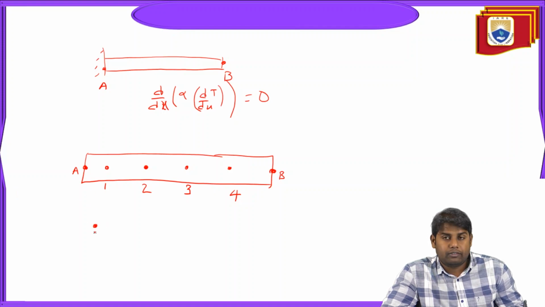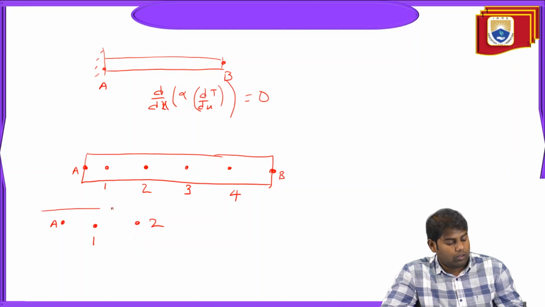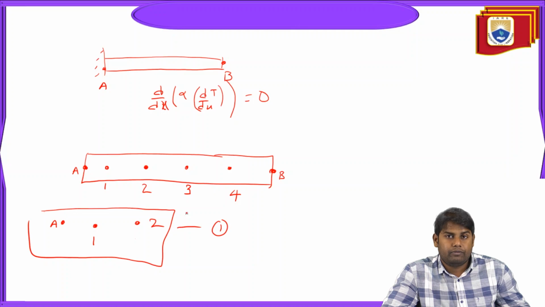Point 1 has the neighboring points A and 2. For this we get one set of equation.